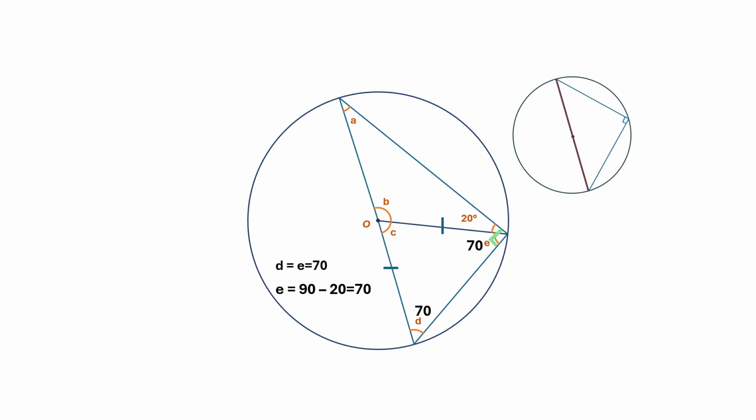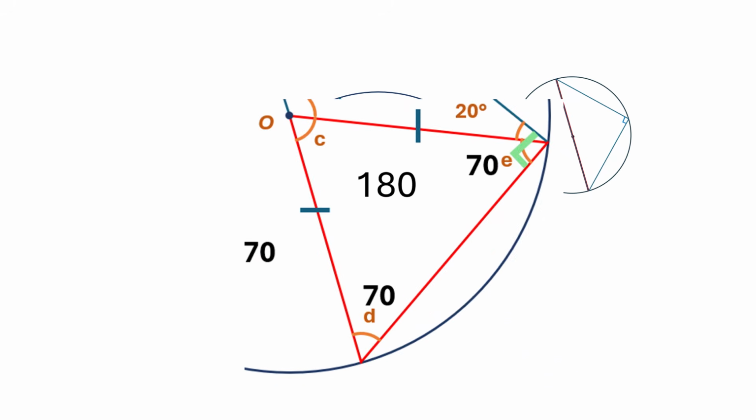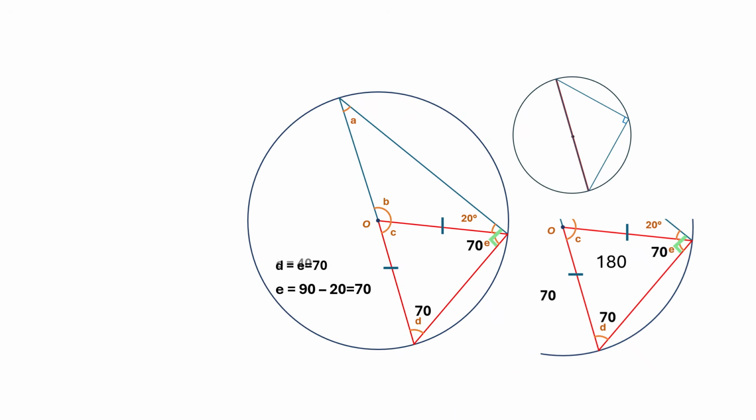Now, how can we find C? To find C, we know the sum of the angles in a triangle, the red triangle, is 180. We have 70 plus 70 equals 140. How much do we add to make it 180? It's 40. That means C is equal to 40.